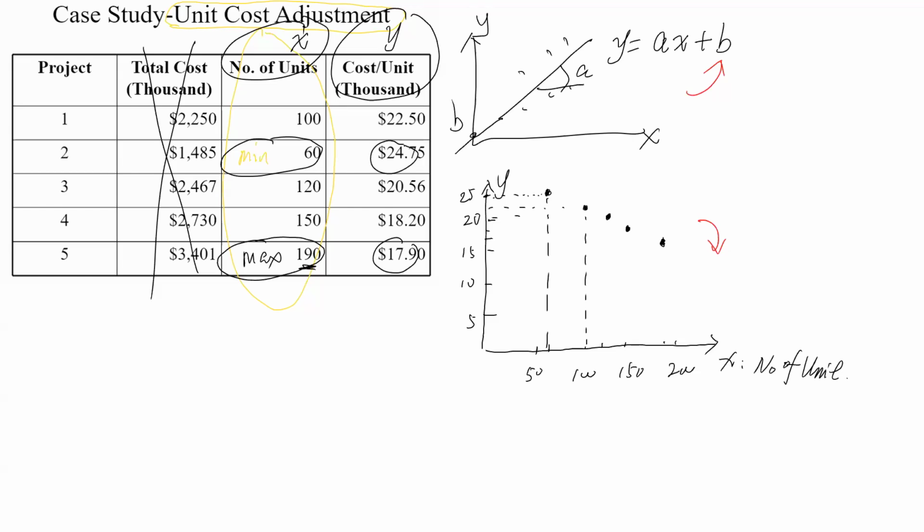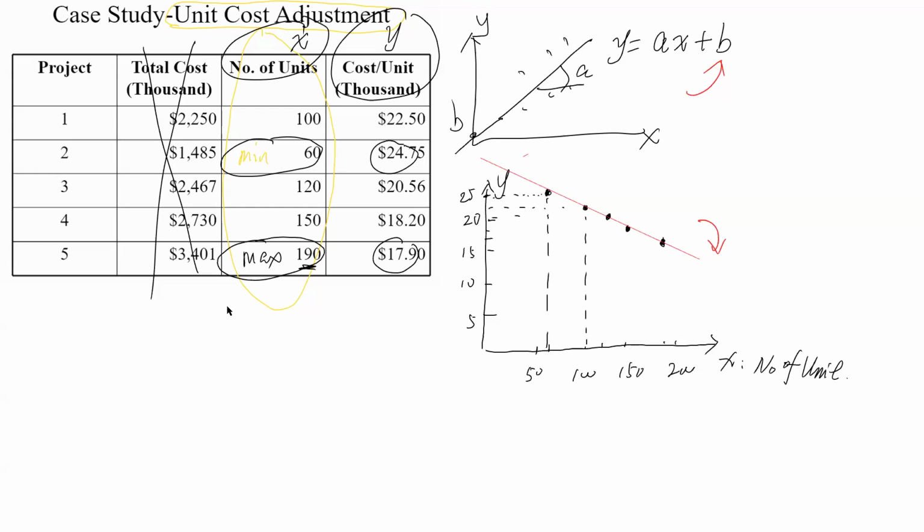Okay, so I'm going to draw a straight line. I'm trying to pass through them as much as possible. So something like this, right? So maybe I need to move it a little bit down, but it's fine. So we can see this equation is trending downward. If we increase the x, so the x here is the number of units, if we increase the number of units, then you will see your y, which is the cost per unit, y is what?